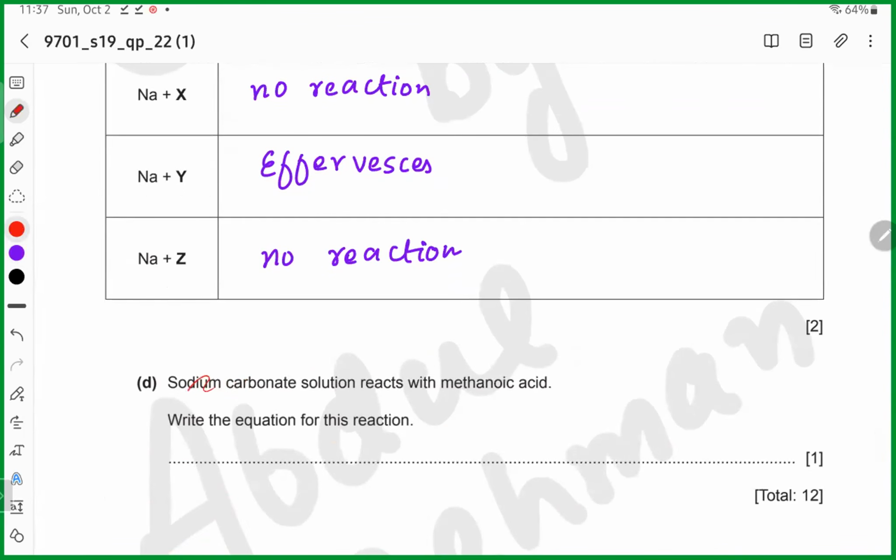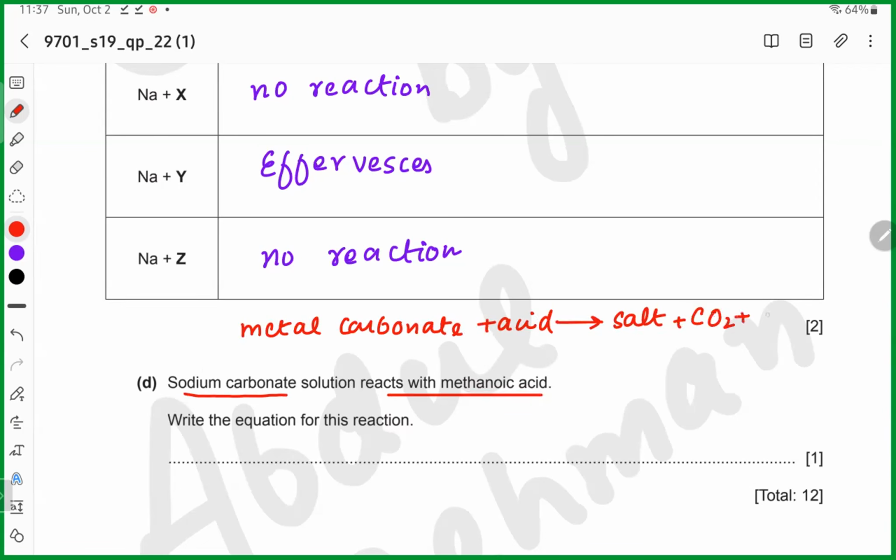Now, sodium carbonate solution reacts with methanoic acid. So that is a metal carbonate and an acid. Remember, whenever a metal carbonate and acid react, the products are salt, carbon dioxide, and water.